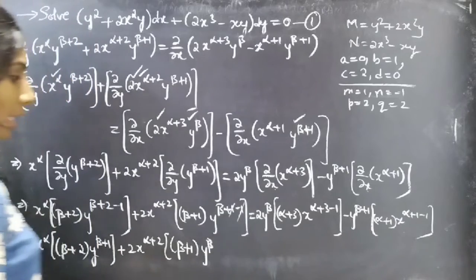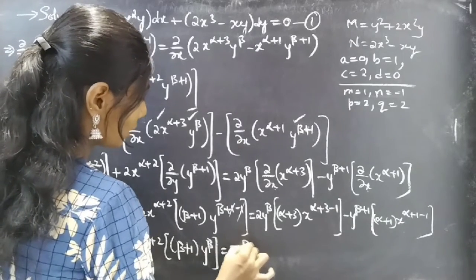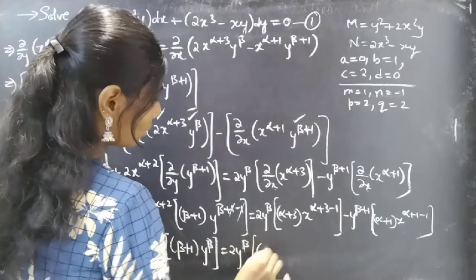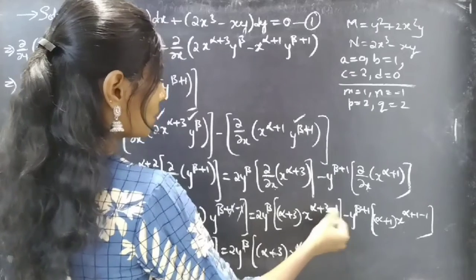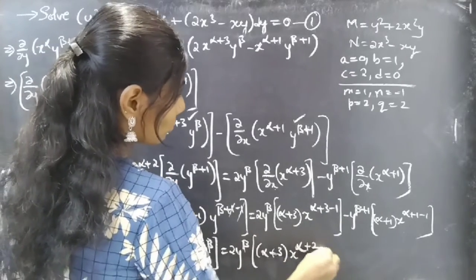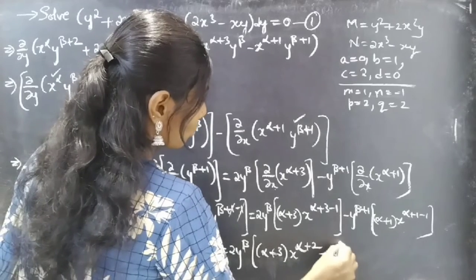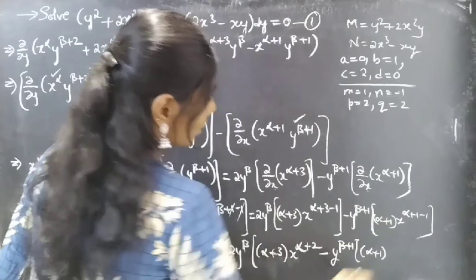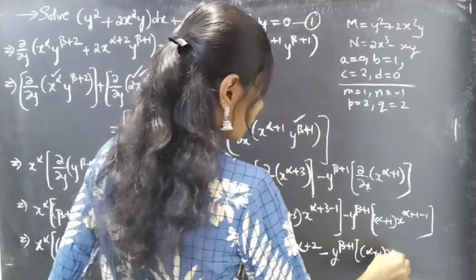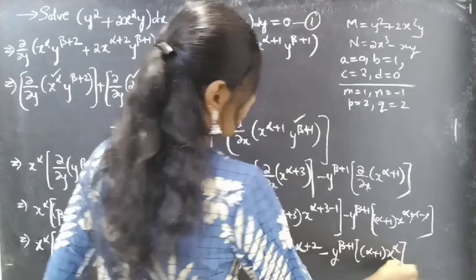Plus 1 minus 1 gets cancelled, right? This is equal to 2y power beta into alpha plus 3 into x power alpha plus 3 minus 1 is plus 2, minus y power beta plus 1 into alpha plus 1 into x power, if plus 1 minus 1 gets cancelled, you'll get x power alpha.